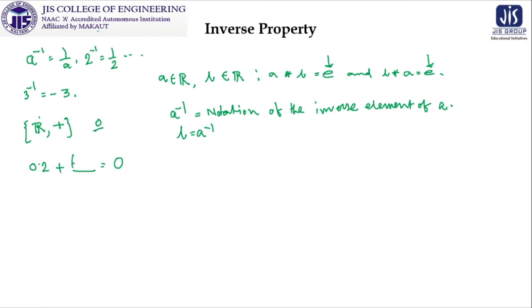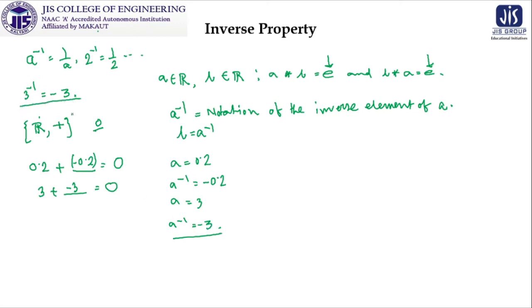What will be coming here? Minus 0.2. So if we take 3 plus something as 0, what do I need? Minus 3. So in general, if your A is 0.2, your A inverse is minus 0.2. Similarly, if your A is 3, your A inverse is minus 3. And I have proved my claim that 3 inverse is minus 3, because A you have taken 3. So in the next line, you can write 3 inverse equal to minus 3.